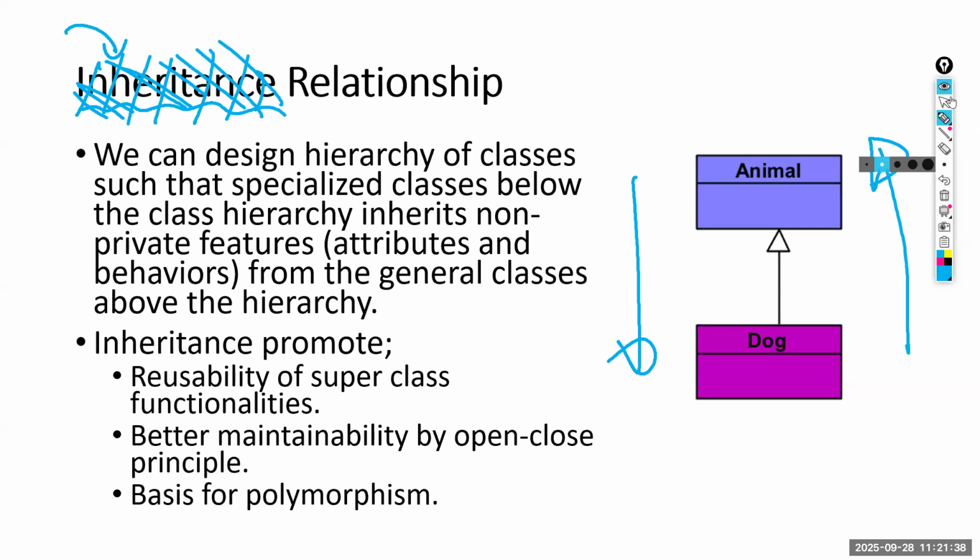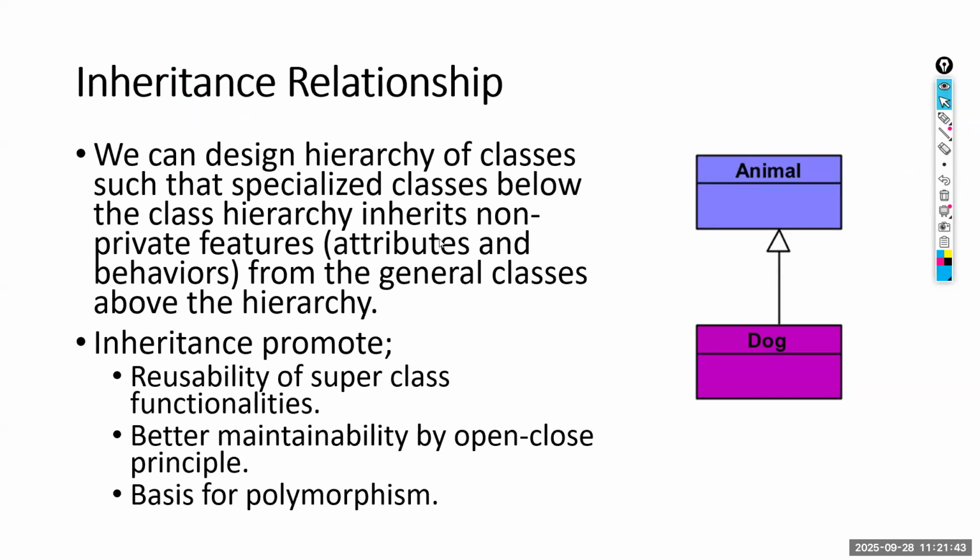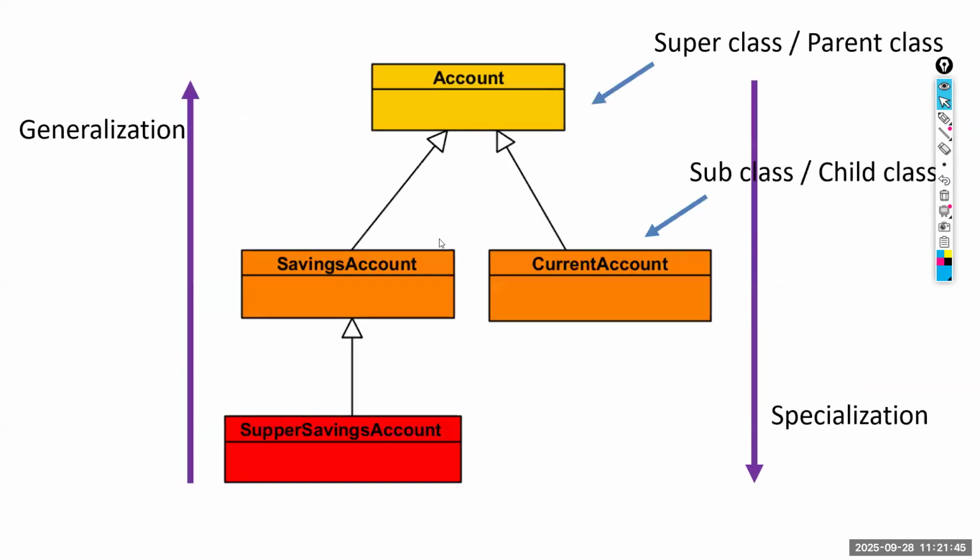Okay. Generalization, specialization. Okay. So when you consider hierarchy, this is the superclass of these two. And this is the superclass of this one. And this is the subclass of this one. And these two are the subclasses of this one.